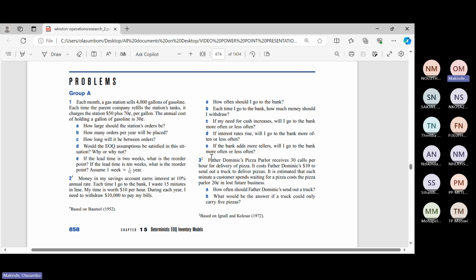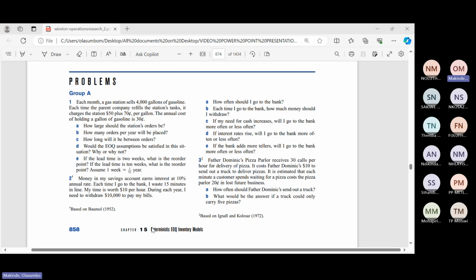So then the last question: if the bank adds more tellers, will I go to the bank more often or less? Who can tell me what will be the trick for that? Which parameter are we supposed to run sensitivity analysis on?